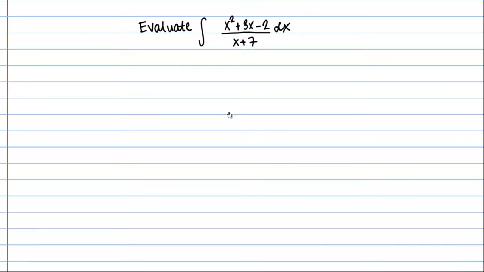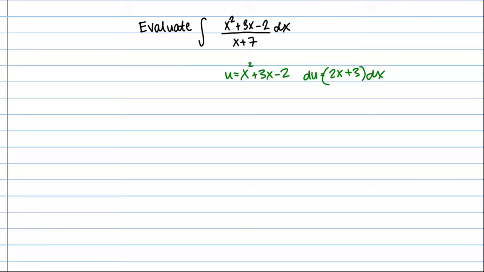Let's take a look at another technique that can be useful in integration. So what I have here is the integral of x squared plus 3x minus 2 over x plus 7. So what might you try in this case? Well, perhaps you would try u substitution. Maybe you'd let u equal this quadratic, x squared plus 3x minus 2, in which case du would be 2x plus 3 dx.